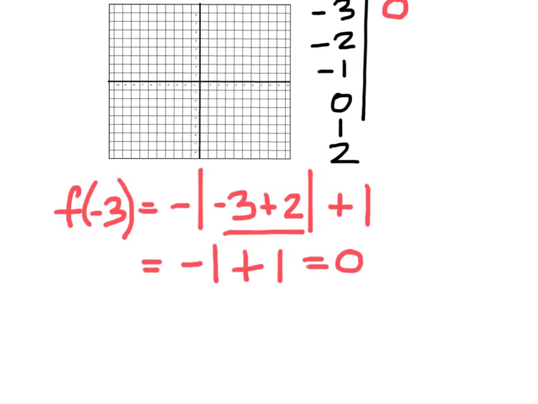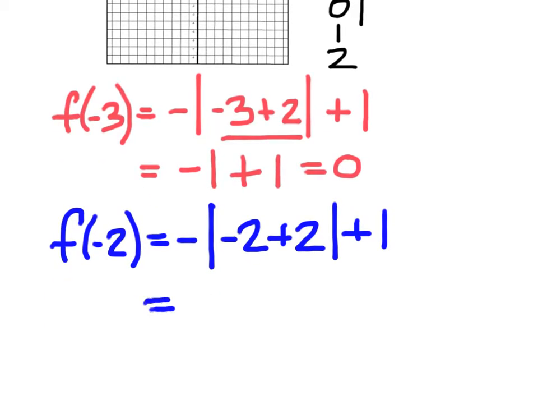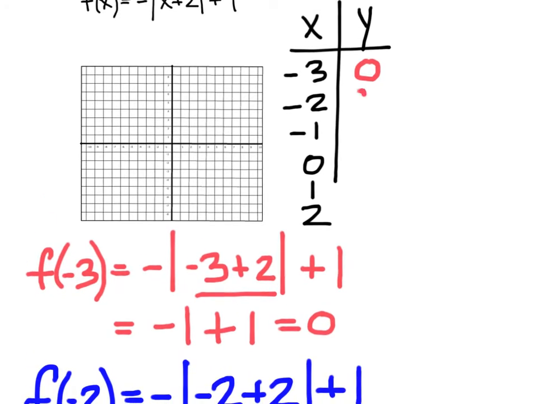I'll try negative 2. F of negative 2 is negative absolute value of negative 2 plus 2. Close the absolute value and then plus 1. Negative 2 plus 2 is 0. Absolute value of 0 is 0, and a negative 0 is still 0. So I come back with 1. I plugged in a negative 2 and came back with 1.